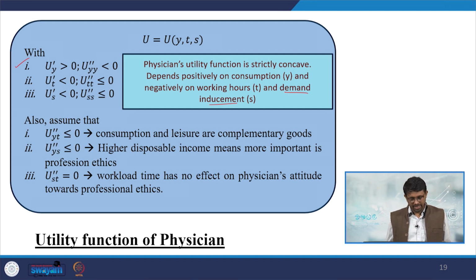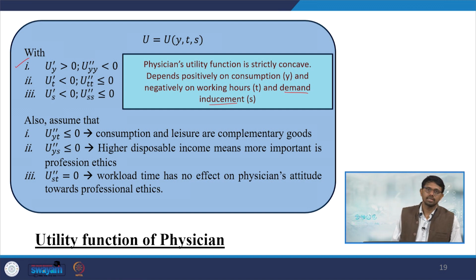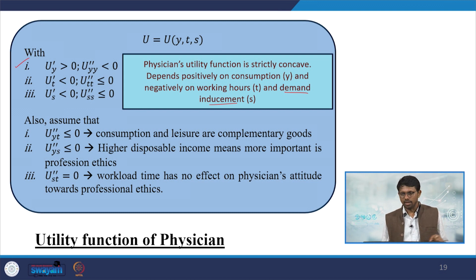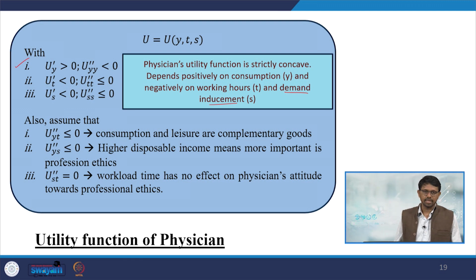Then S and T, that is the inducement and the workload time, have no effect on the physician's attitude towards professional ethics. Hence it is 0. We need to assume this, that these two and their changes have no relationship. So, the utility function of the physicians is presented here.